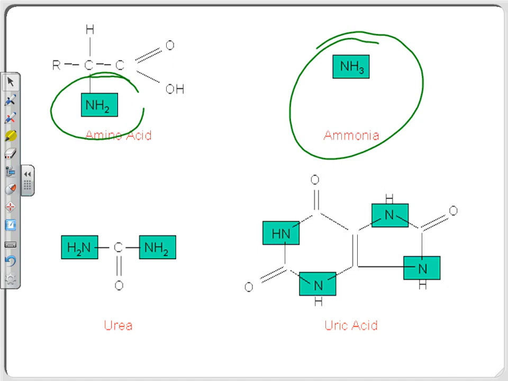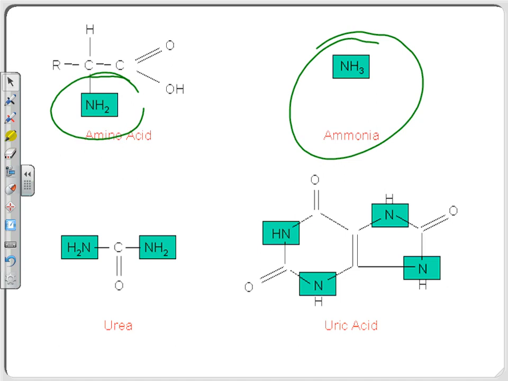So when we make ammonia, it's sent to what organ first? What's the organ in your body that helps to get rid of toxins? The liver. Okay. So in mammals and in amphibians, you need to have that in your notes somewhere.